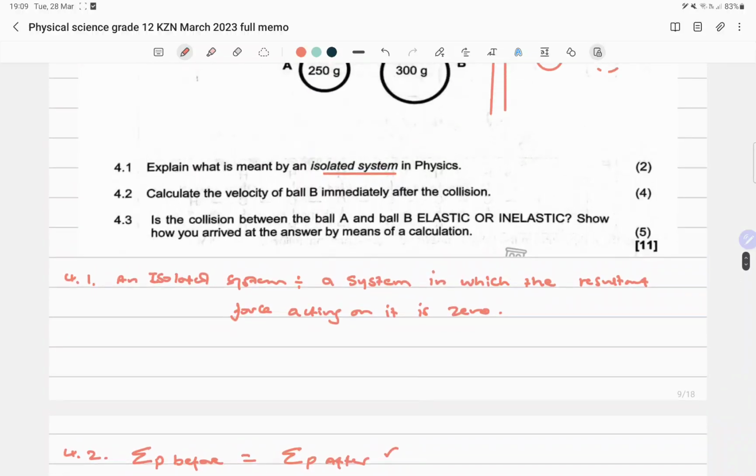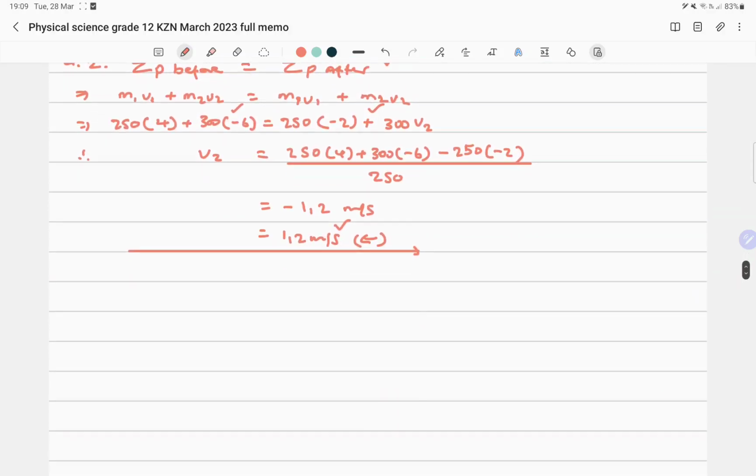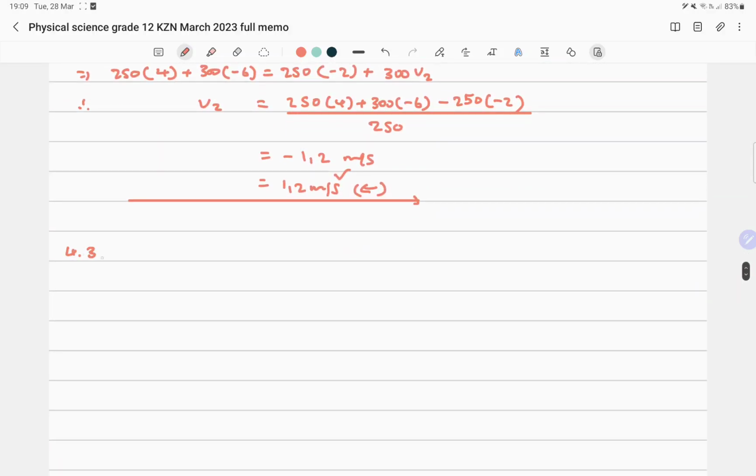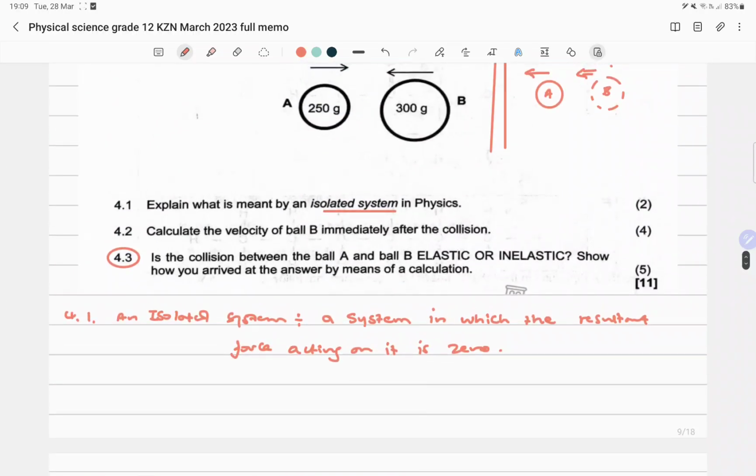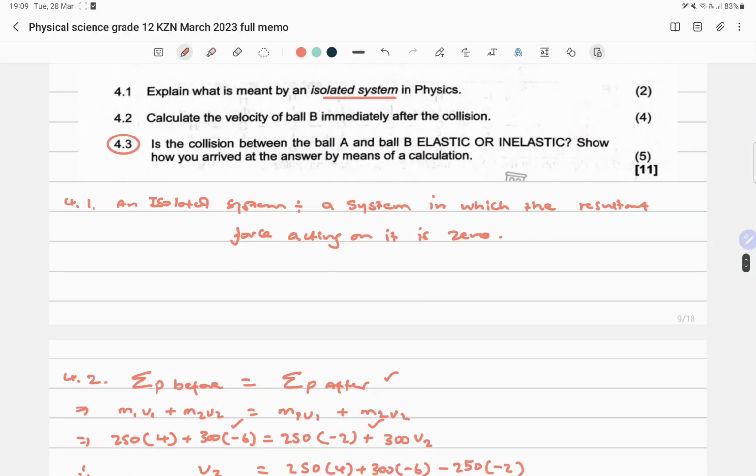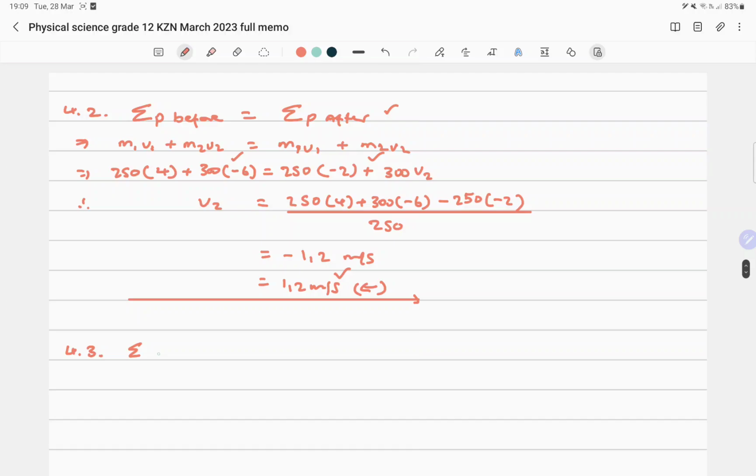Next question. Is the collision between ball A and ball B inelastic or elastic? See this question, I don't know how many times I've done it, so you guys must have scooped those marks, because there was nothing to them. Now, is the collision between ball A and ball B inelastic? So now let's do the sum of EK before collision.